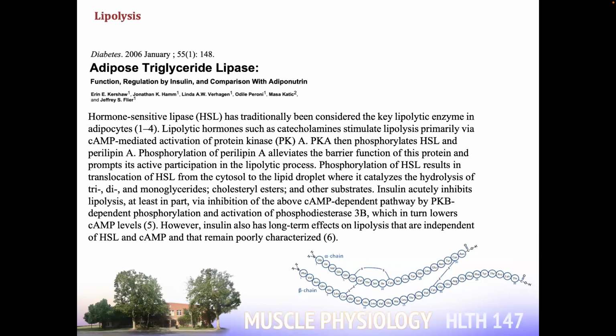And it gets activated by a protein with a very unmemorable name of comparative gene identification 58, but CGI-58. Under normal conditions, CGI-58 doesn't have access to ATGL, to adipose triglyceride lipase. Perilipin blocks its access. And then PKA phosphorylates perilipin, and then CGI-58 gets to work.